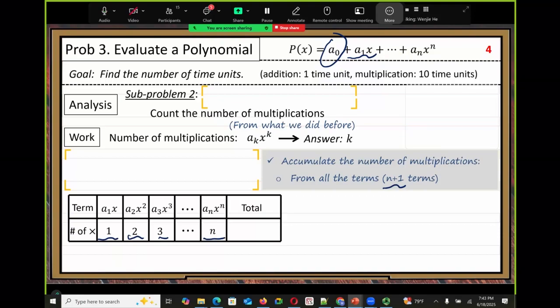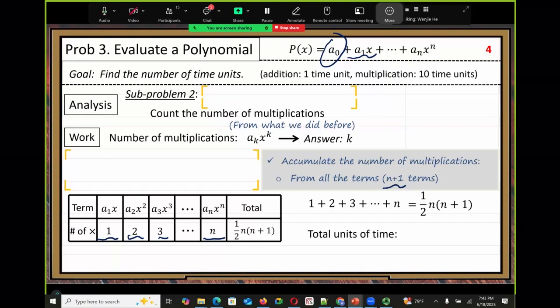The total, so we do the summation of these n consecutive integers from 1 through n, and we know the formula: 1/2 times n times n plus 1. That's the number of multiplications.